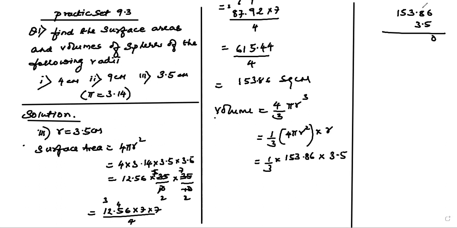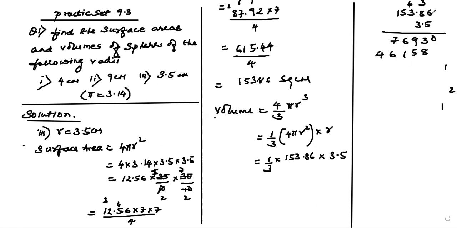5 6s are 30, 5 8s are 40, 43, 5 3s are 15 plus 4, 19, 5 5s are 25 plus 1, 26, 5 1s are 5 plus 2, 7. 3 6s are 18, 3 8s are 24, 25, 3 3s are 9 plus 2, 11, 3 5s are 15, 45 plus 1, 46.